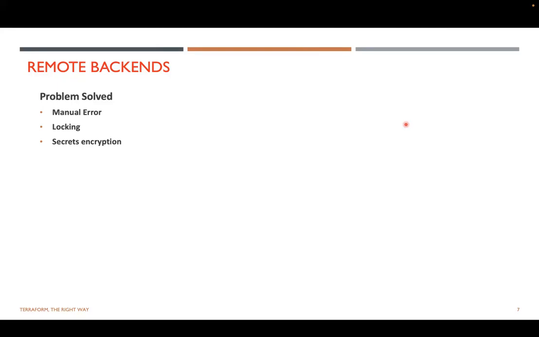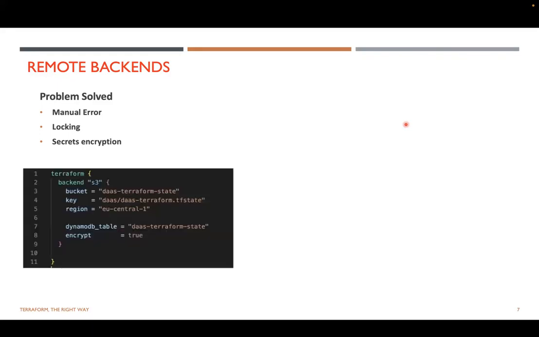So what I mean is that for an S3 bucket, you can enable encryption in such a way that there is encryption at rest and in transit for your state file in that bucket, which basically means that even though the state file is in plain text, the data is encrypted because it is stored in an S3 bucket. These are the issues that remote backend helps to solve.